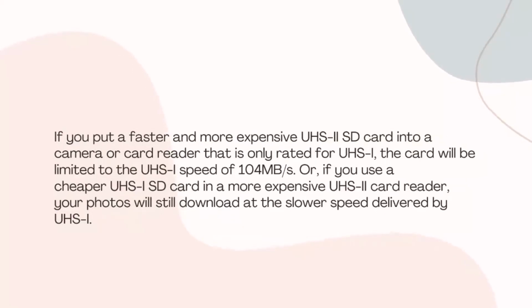If you put a faster and more expensive UHS-2 SD card into a camera or card reader that is only rated for UHS-1, the card will be limited to the UHS-1 speed of 104 megabytes per second. Or if you use a cheaper UHS-1 SD card and a more expensive UHS-2 card reader, your photos will still download at the slower speed delivered by UHS-1.